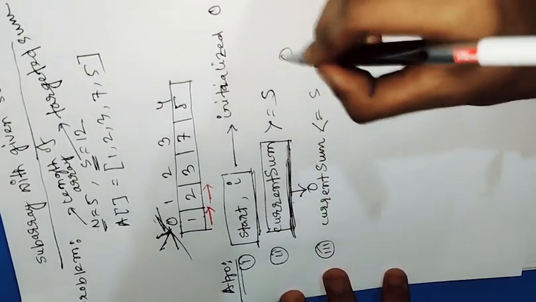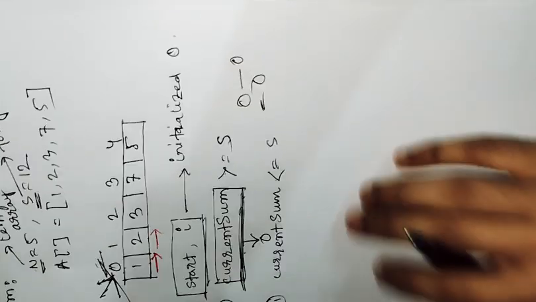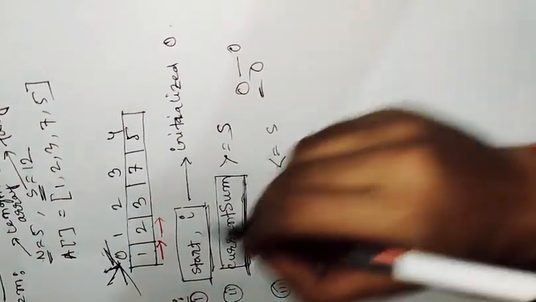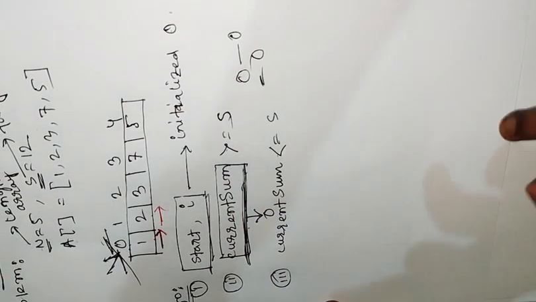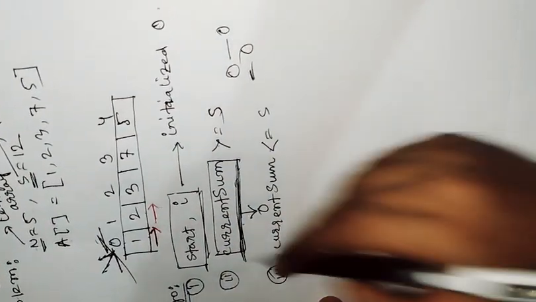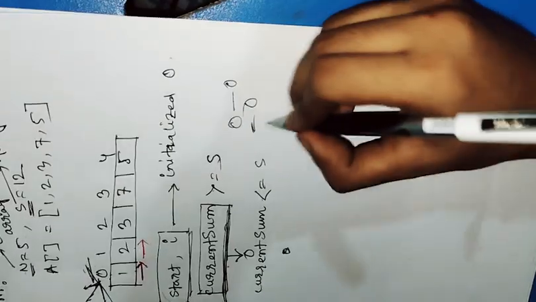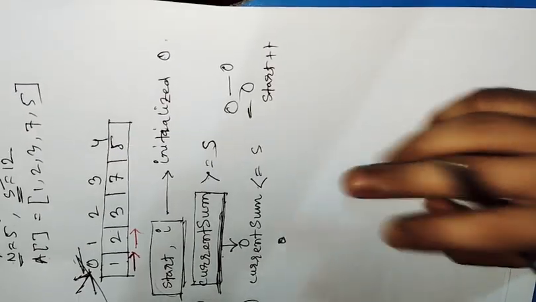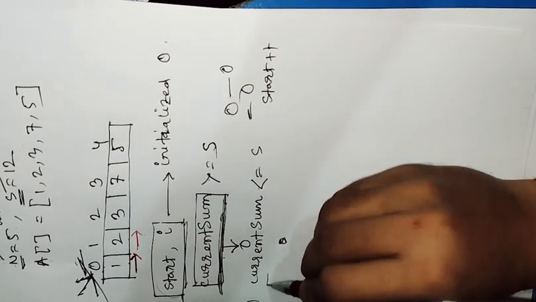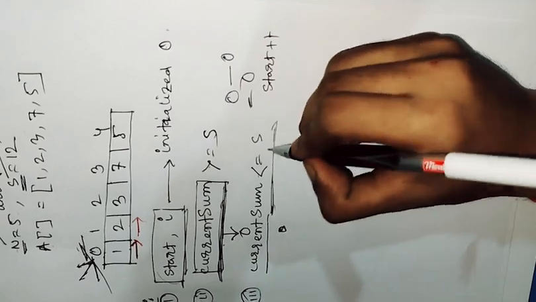Current sum is 0, the value of start index is 0. And increment the start pointer. We need to increment the start pointer until the current sum is less than or equal to targeted sum.